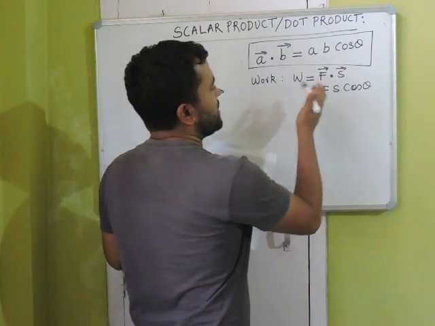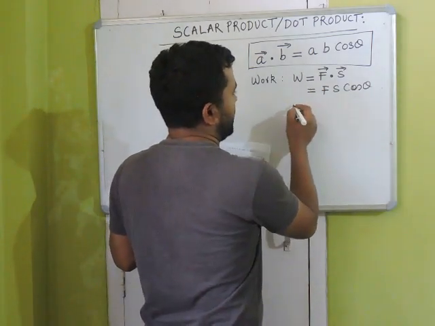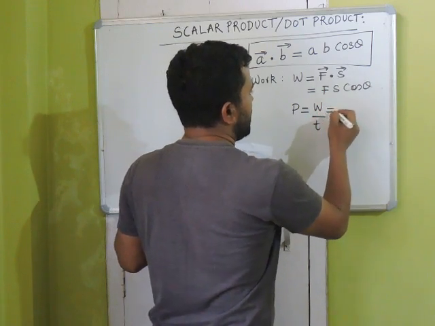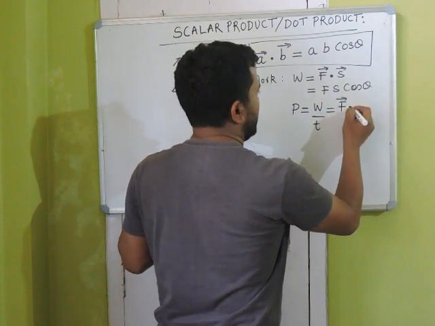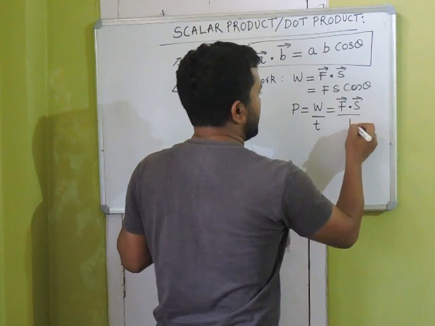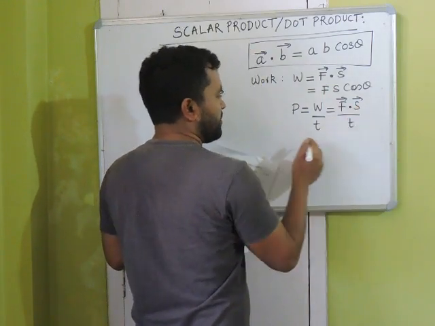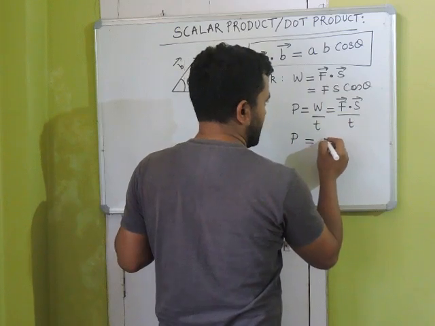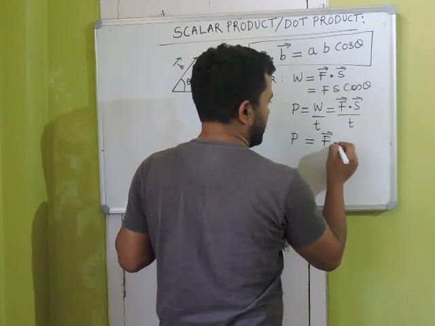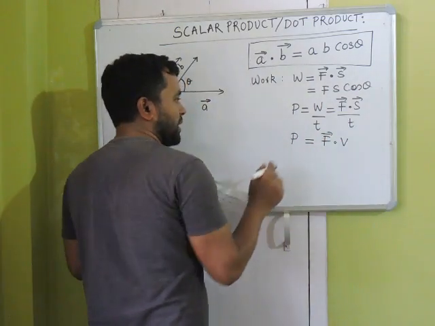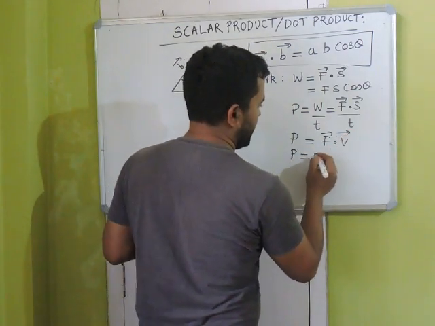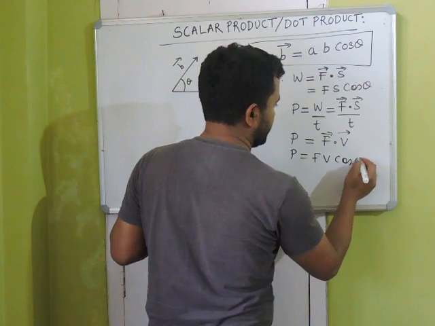In the same way, power is work done by time. Work done is F dot S by time, and displacement by time is velocity, so average power is defined as F dot V. You can also write power as F V cos theta.